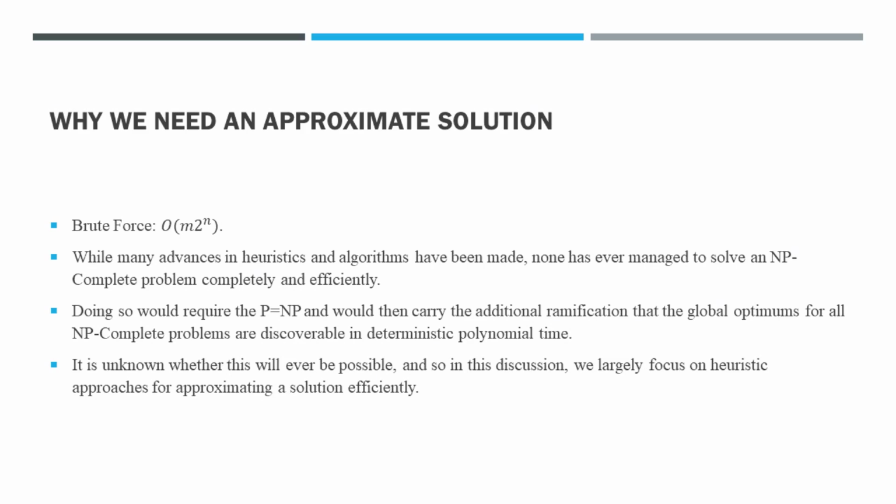Doing so would require that P is equal to NP, and would carry the additional ramification that the global optimums for all NP-complete problems are discoverable in deterministic polynomial time. Currently we don't know whether this will ever be possible, and so in this research we largely focus on heuristic approaches for approximating a solution efficiently, and specifically we're going to be looking at the hybrid genetic algorithm, which is enhanced with wisdom of artificial crowds.